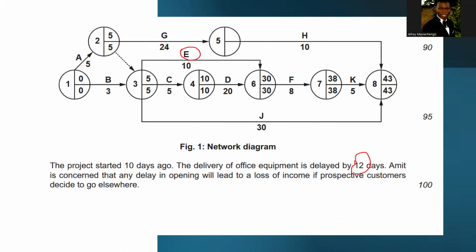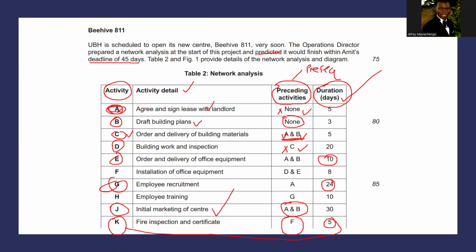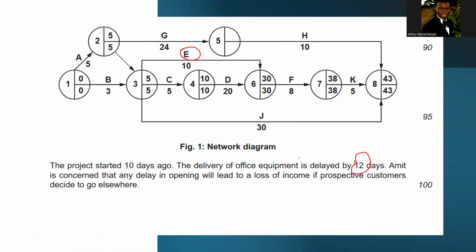Let's look at activity E, the order and delivery of office equipment, which follows activity A and B. Look at how it's following activity A and B. So E is following activity A and B. It's very clear. But don't worry.